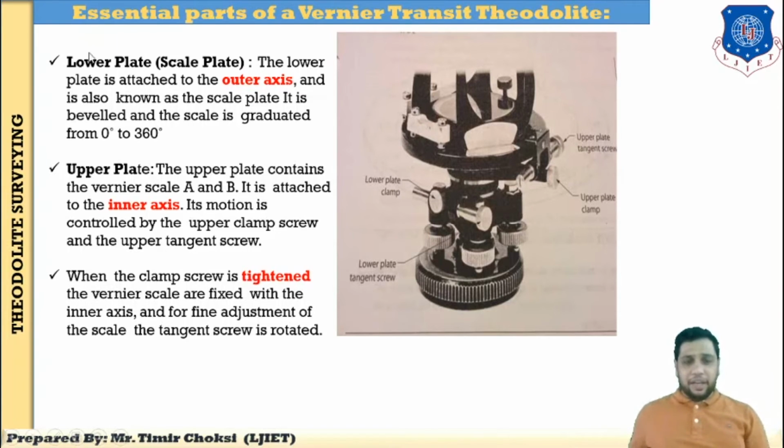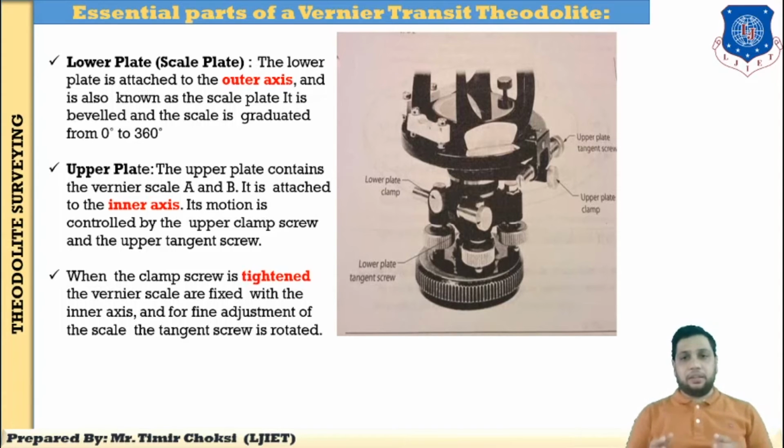So listen carefully: the lower plate is attached to the outer axis and the upper plate is attached to the inner axis. When the clamp screws are tight, meaning both the upper clamp screw and the lower clamp screw, the vernier scale is fixed with the inner axis, and for fine adjustment of the scale the tension screw is rotated.